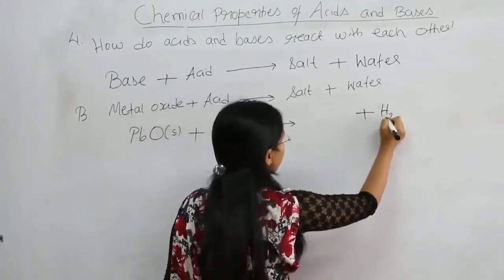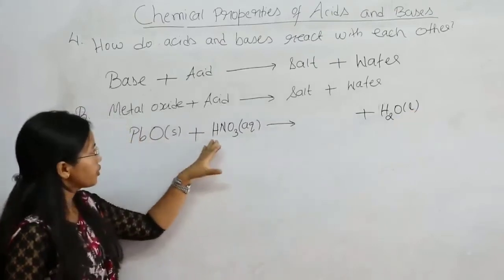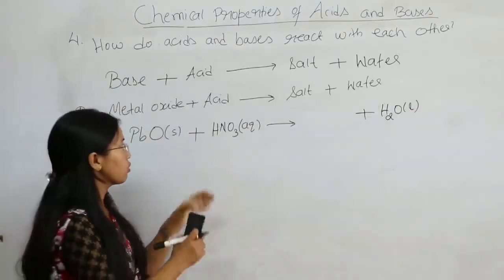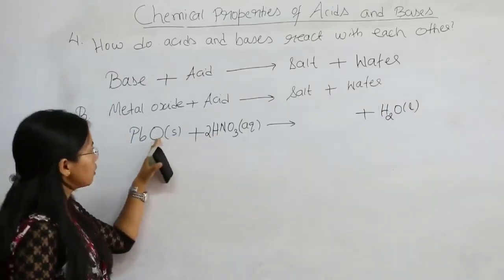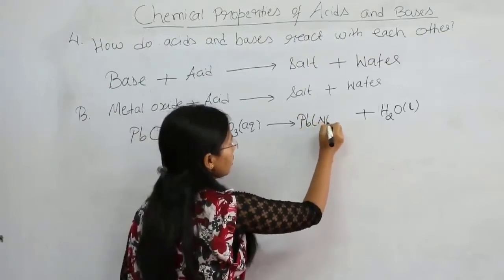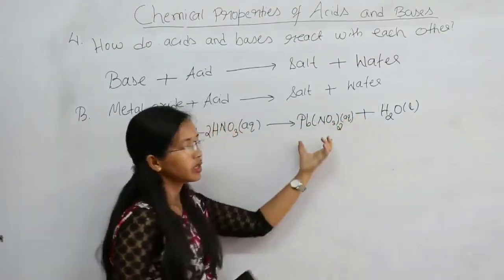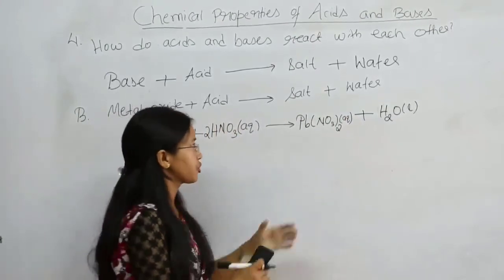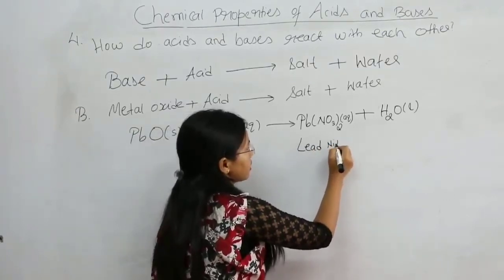So here we need to have water, H2O. Hydrogen we'll get from here, but this is only one, we need to balance, multiply by 2, H2O. So we are left with Pb(NO3)2. So this is the salt that we get, that is lead nitrate.